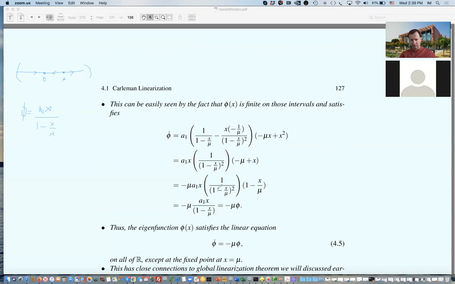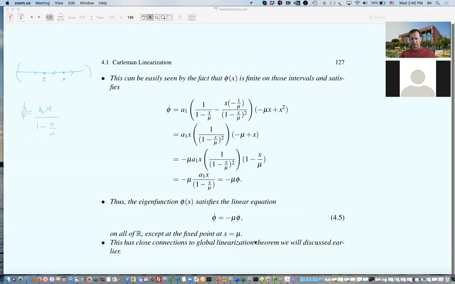That reduces 1 minus x over mu squared, and I obtain the result, minus mu a1x divided by 1 minus x over mu. But a1x divided by 1 minus x over mu is precisely phi. So I get minus mu phi, and therefore I have proved that the phi that we found is indeed an eigenfunction of the Koopman operator at eigenvalue minus mu, because it satisfies this linear equation.